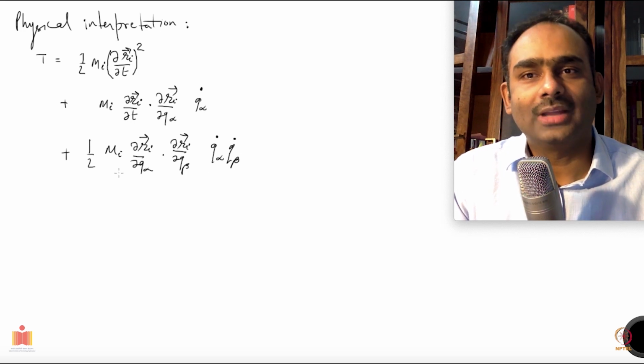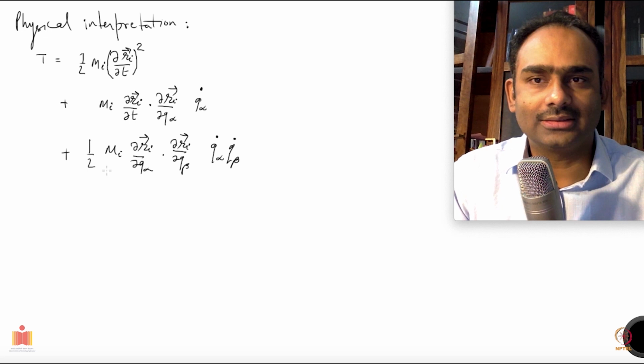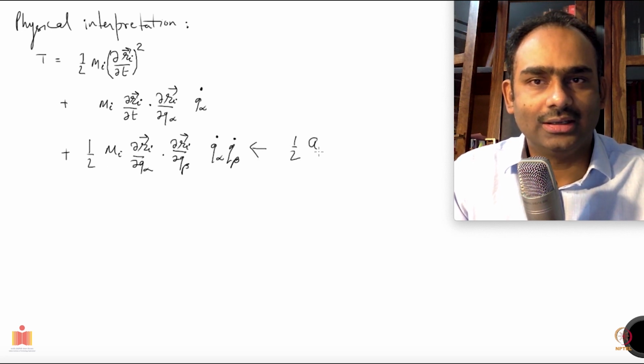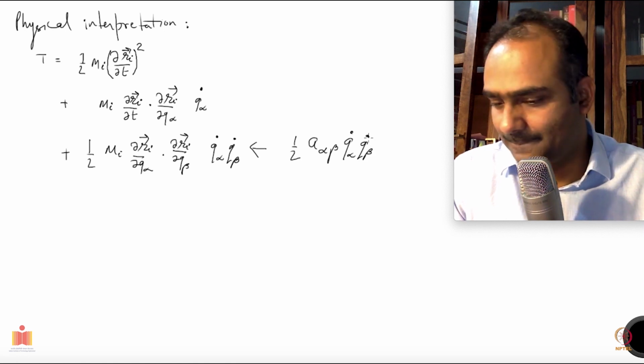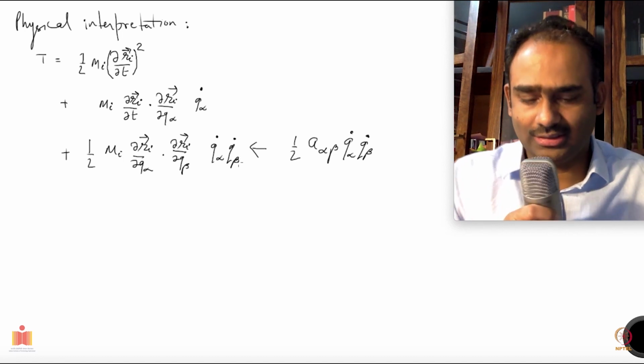Perfect. And sometimes I will write this piece as half A_αβ times q̇_α q̇_β. I'm writing this only for the quadratic term, the last piece.